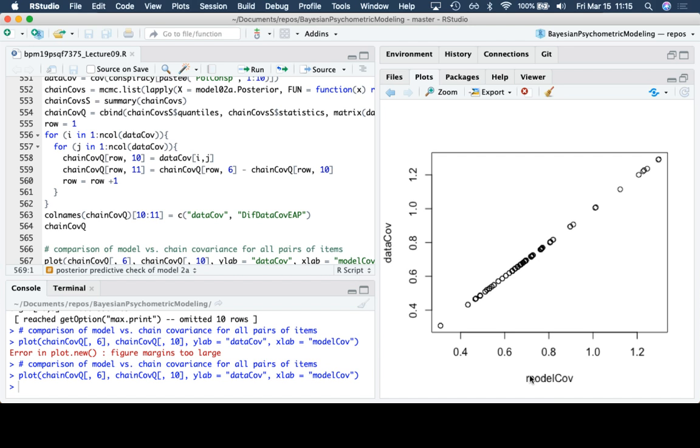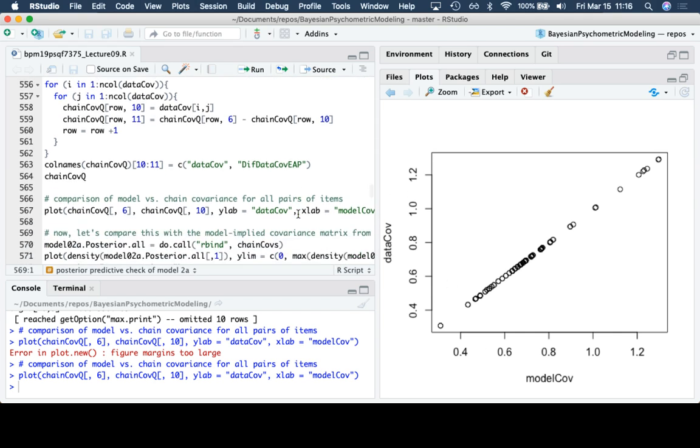This is from our model, and this is from our data. This is plotting our mean covariances from our saturated model versus our mean covariances in our data. And you'll note we're spot on, right? We estimate what the MLE should be pretty closely. So if you were to calculate the relative bias, you're not going to find it with this one.